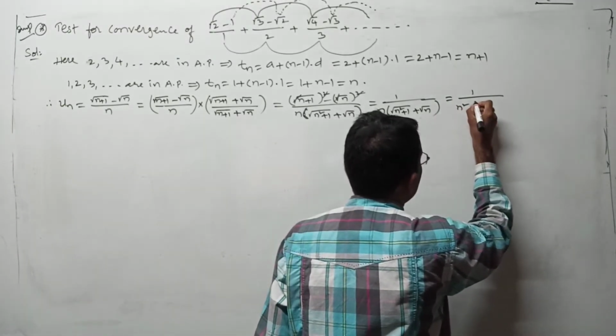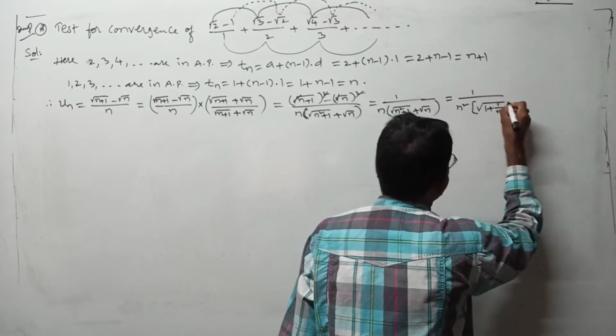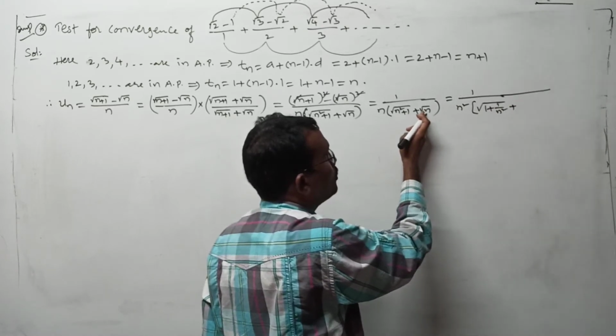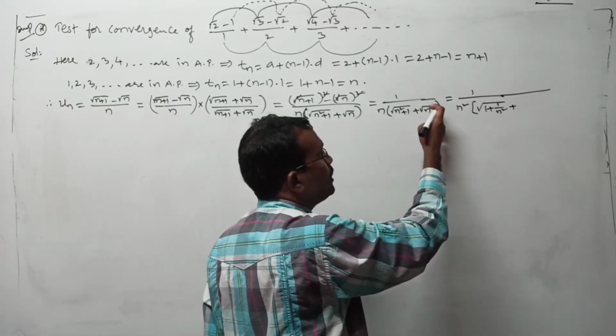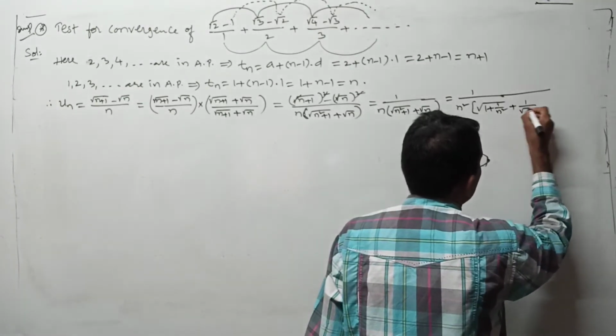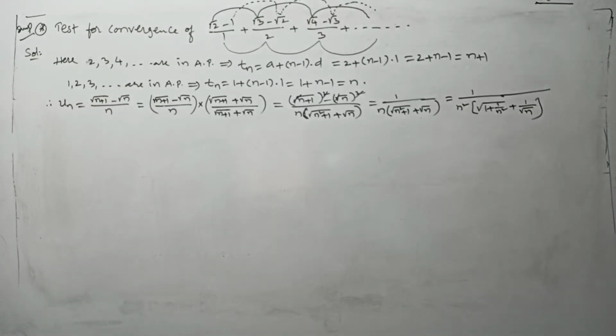Directly I am writing root of 1 plus 1 by n square plus... here once look, already we have taken root n square common, and we are multiplying and dividing with root n, so root n square outside, that is 1 by root n or not? Any problem is there?